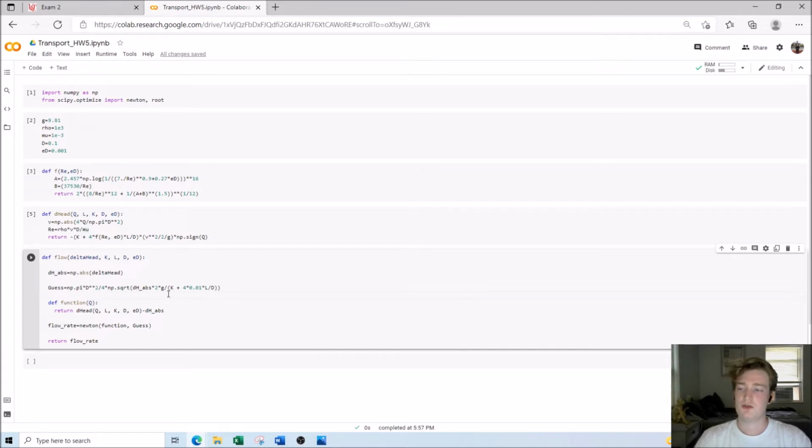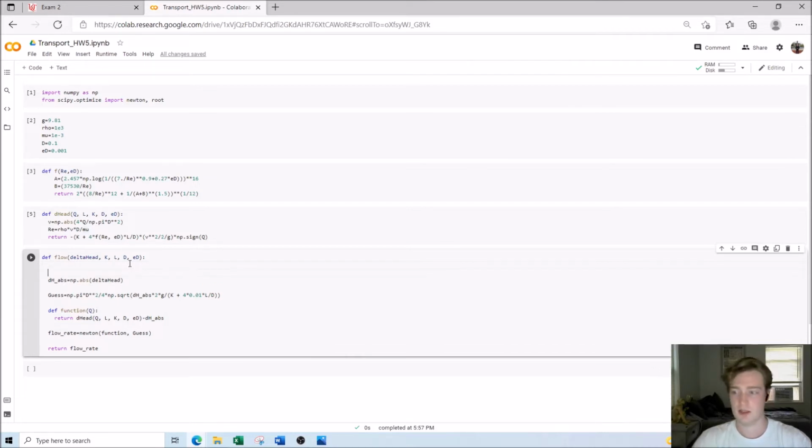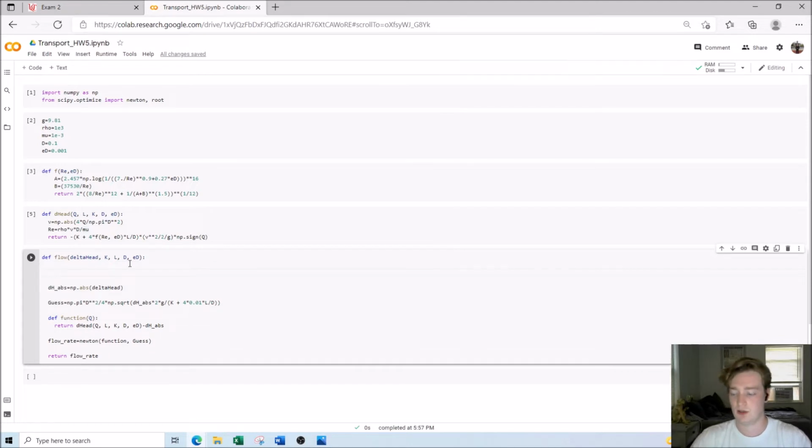What we need to take into account is the fact that if one of these values equals 0, then the numerical solver will not work correctly. So what do we need to do? We need to take into account that discrepancy.